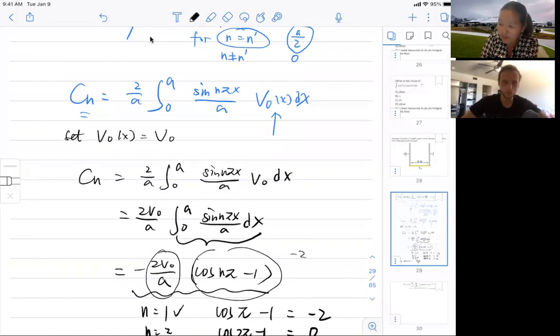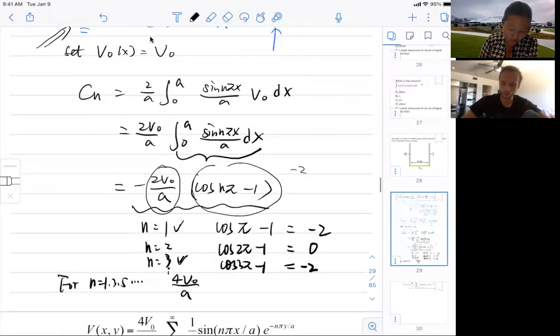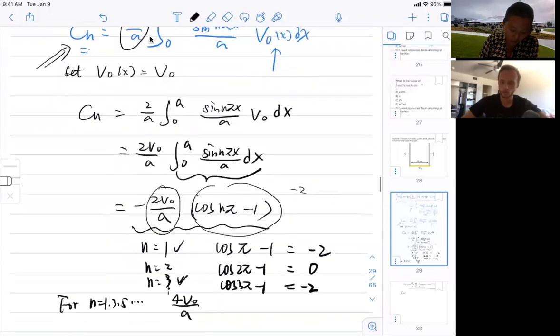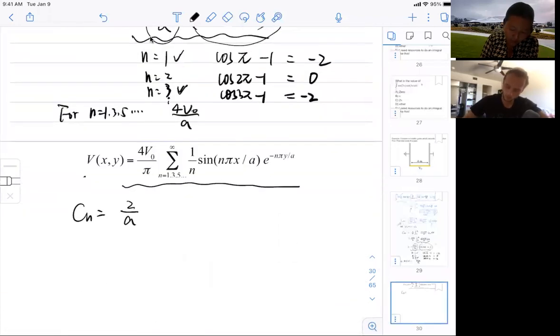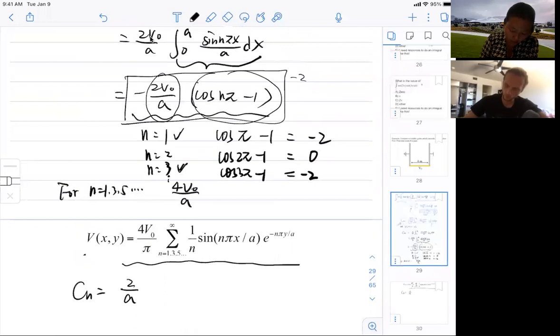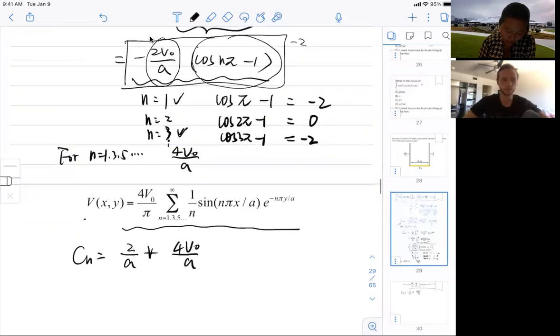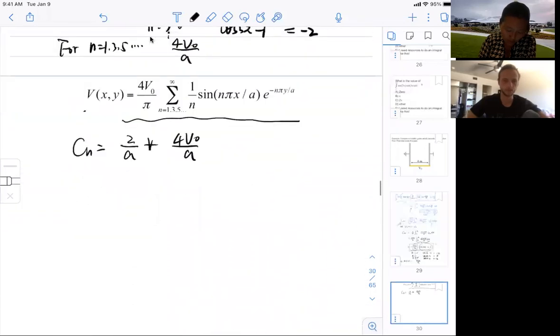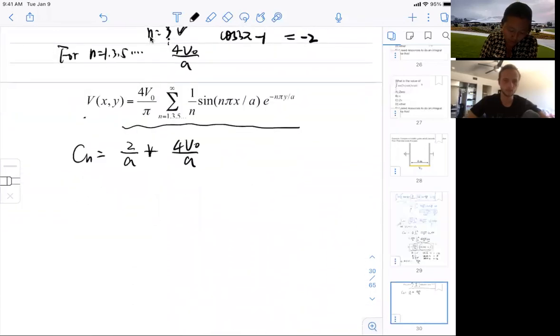All right, so C sub n is 2 over a times this result, 4 v naught over a, for n is only odd, okay?